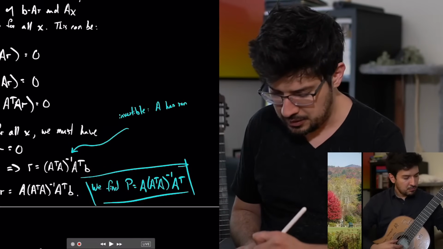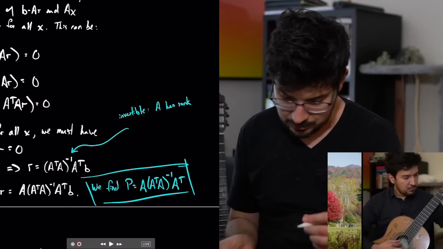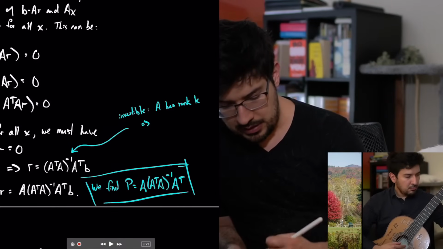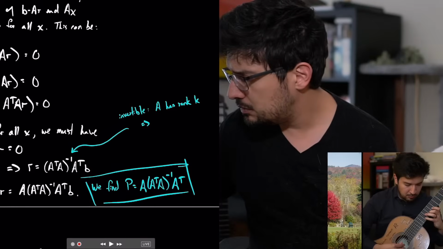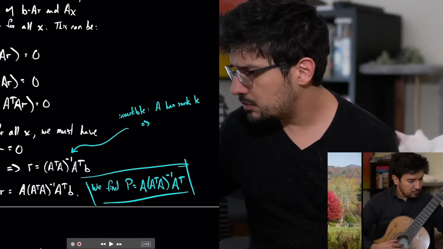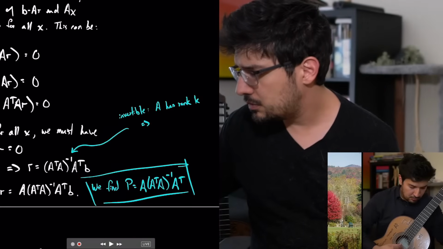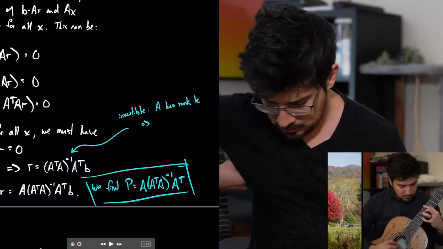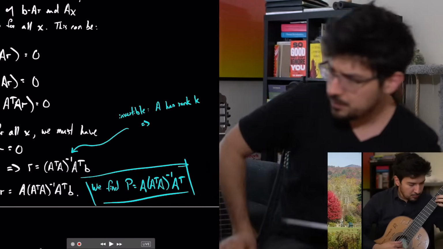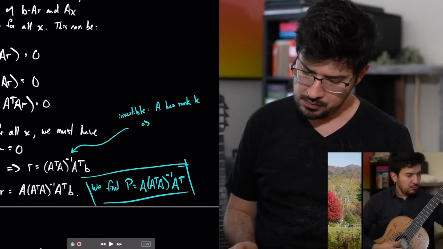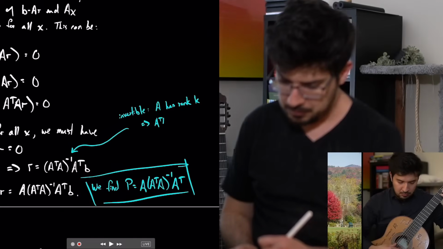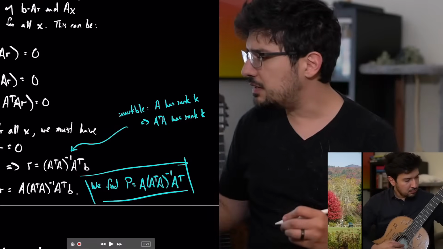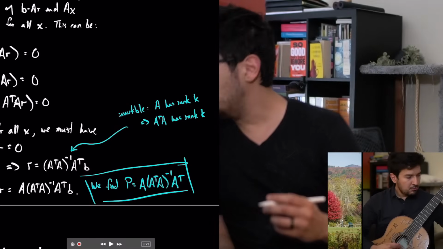A has rank k, which implies that A transpose A is invertible. This is a theorem that we need.